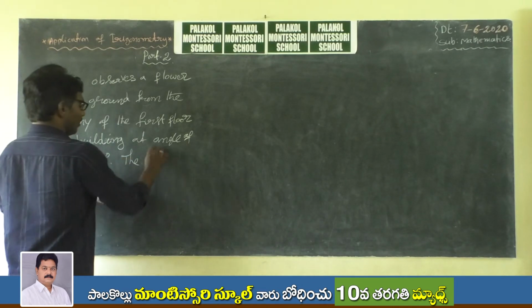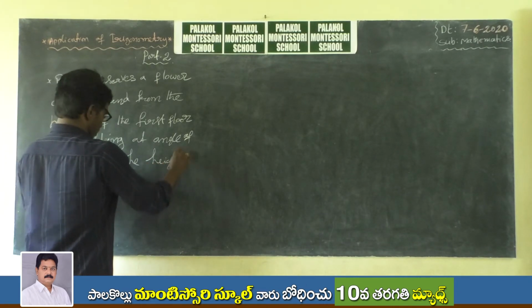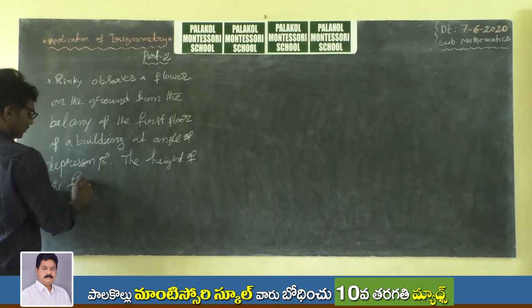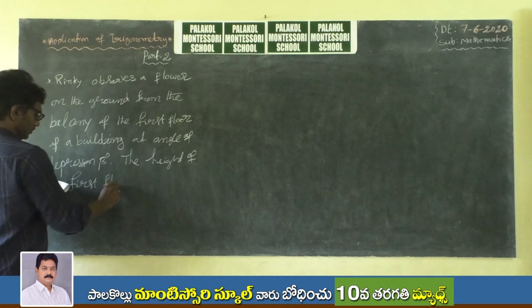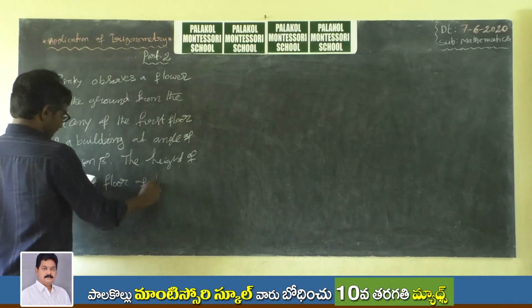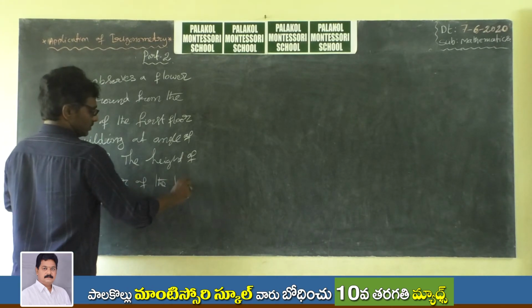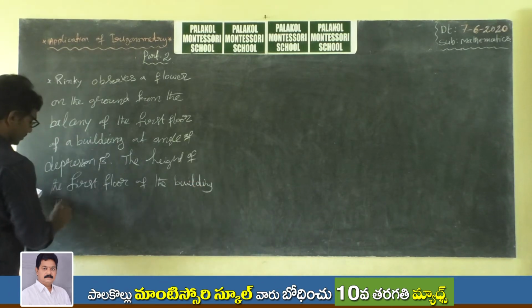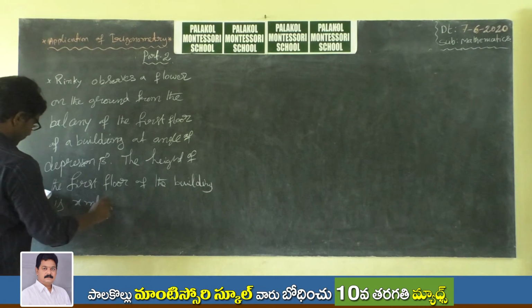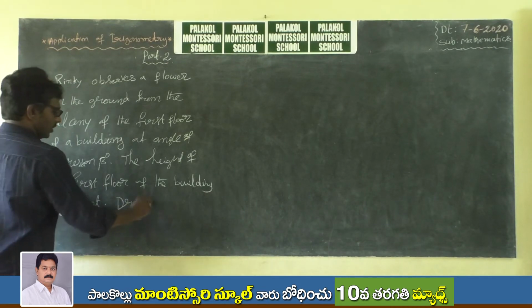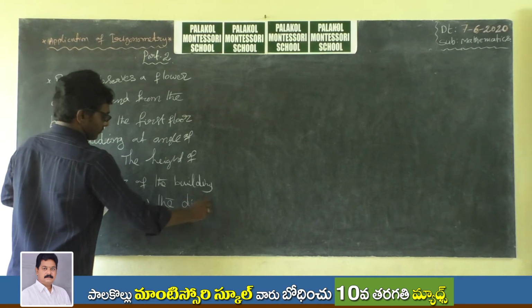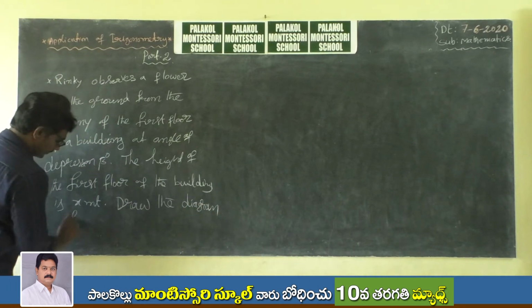The height of the first floor of the building is x meters. Draw the diagram for this data.